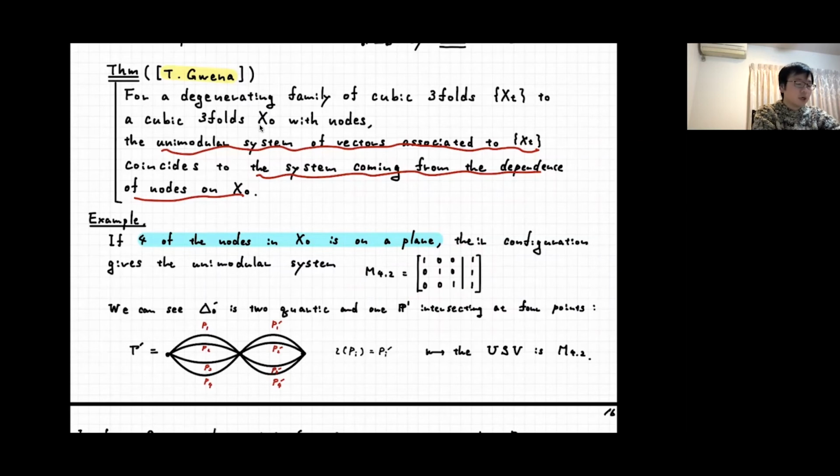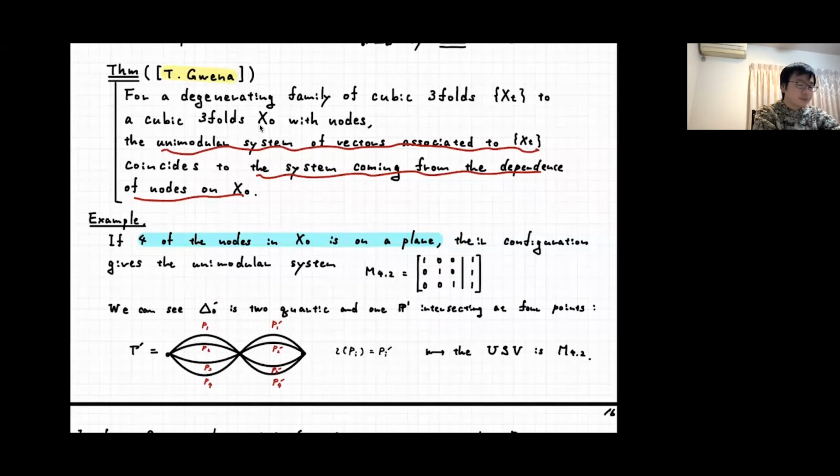On the other hand, we can see that the delta 0 prime is 2 quintics and 1 P1 intersecting at 4 points. Of course, to get such a result for the delta 0 prime, we need more observation of what delta is, and it was also given in Gwena's paper.